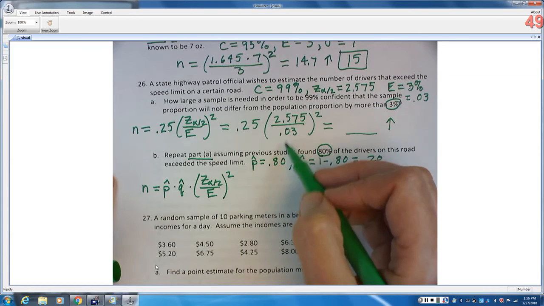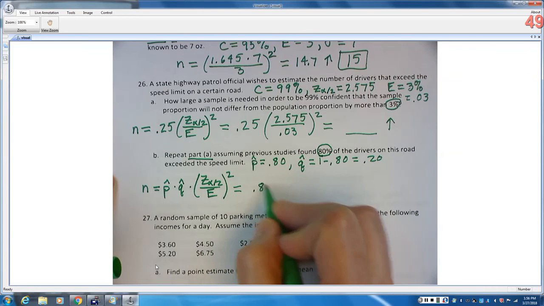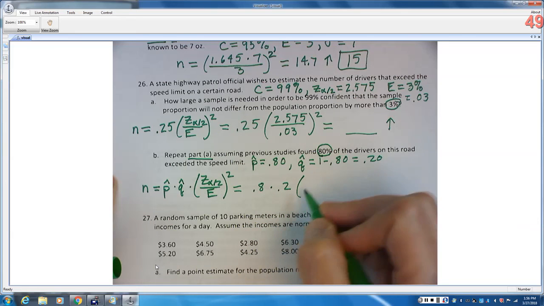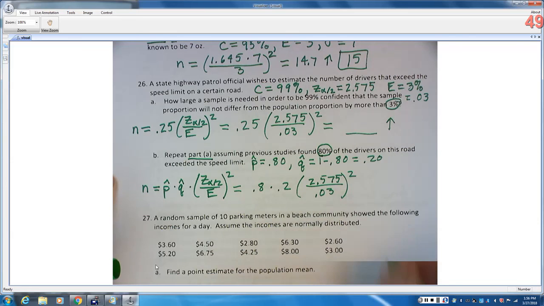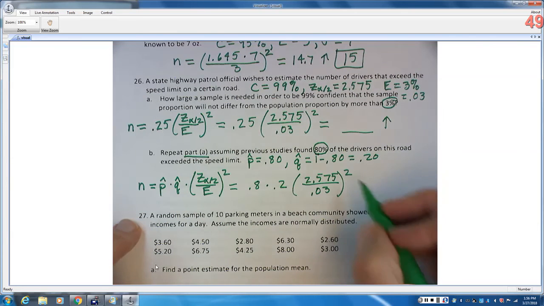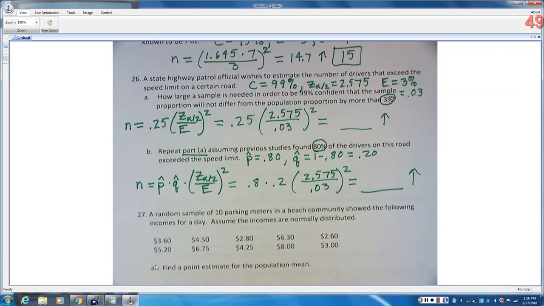Those stay the same. We're going to use 0.8 times 0.20 times 2.575 divided by 0.03 squared. And you can look at the answers. We'll get a number. If it has a decimal, we'll go up to the next whole number.